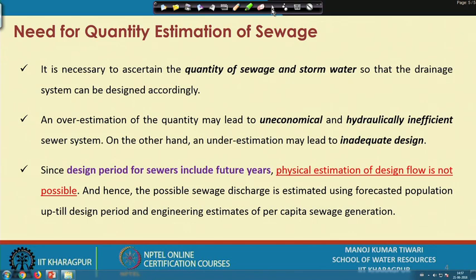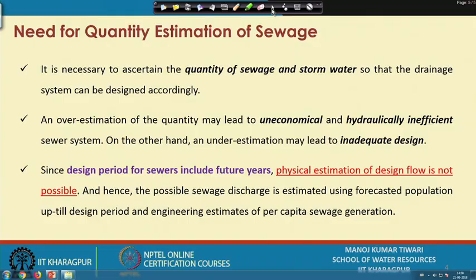We can forecast a population to a certain degree of accuracy, but there is no certainty that the number is going to hold exactly true. So, there is a lot of uncertainty involved, because we are talking about future years. The only way to get an idea is forecasting the population, the demand, and the sewage generation. It is not possible to physically measure. We cannot measure now what the flow will be in 2048, that flow has not occurred, so there is no chance of measuring it.